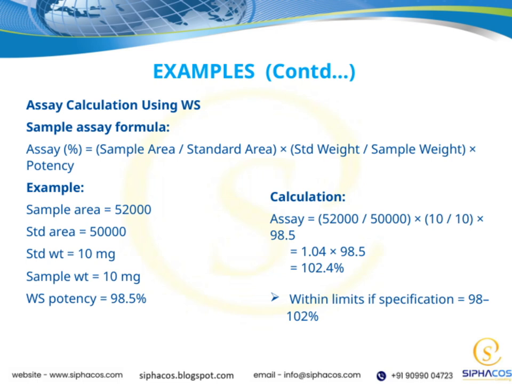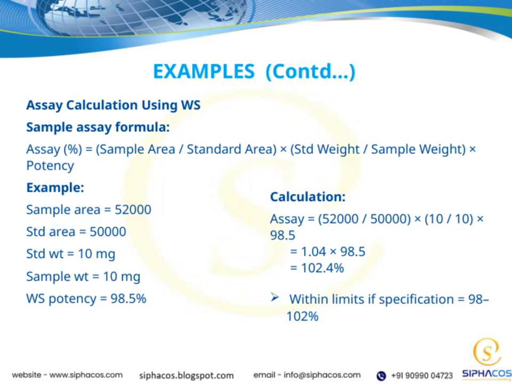Putting it all together, we get 1.04 times 98.5%, resulting in an assay value of 102.4%. Now, it's important to remember that this result falls within our acceptable limits if the specification range is 98 to 102%. This means our sample is considered within the acceptable range based on this calculation.